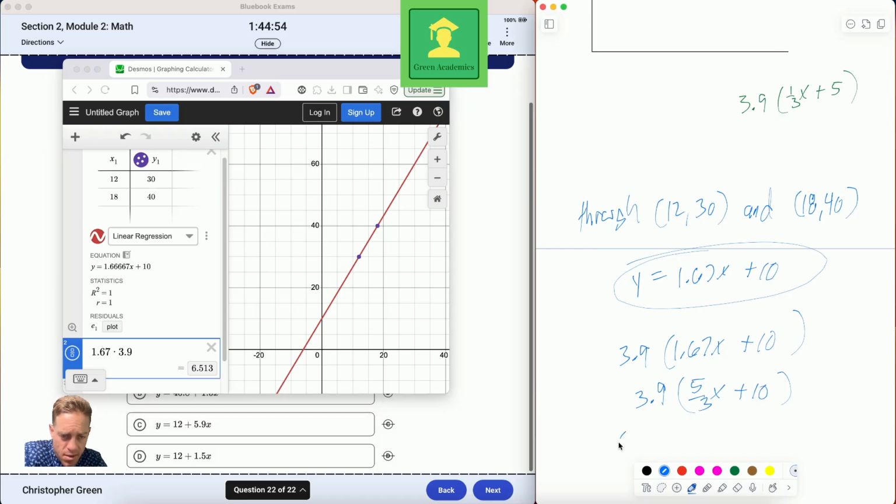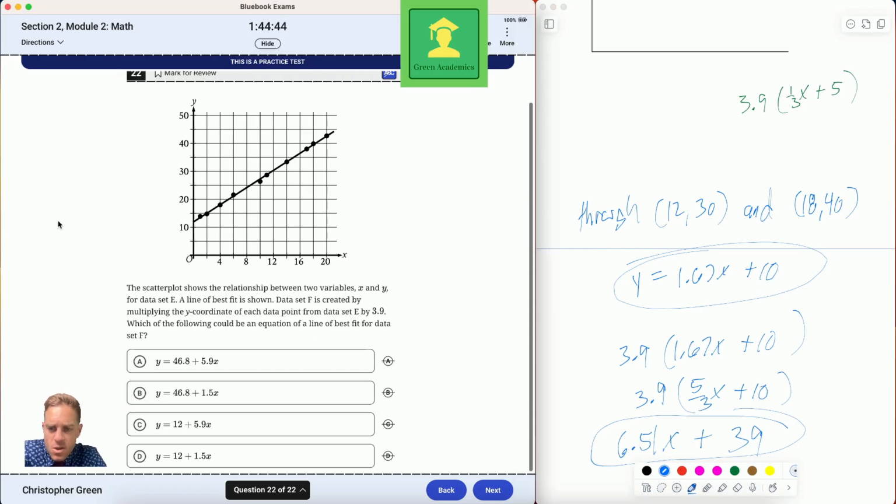So 6.51x plus 39. It should be something like this, right? Which the following could be an equation of the line of best fit for set F.